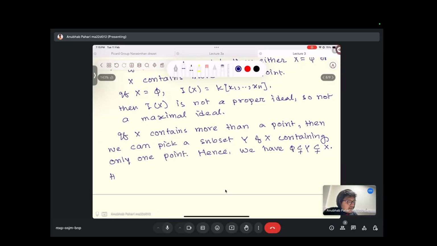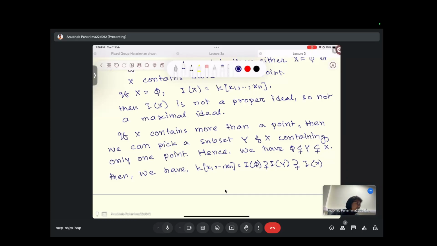Then we have k[x1, up to xn], I of empty set strictly containing I(Y) strictly containing I(X). Excuse me.